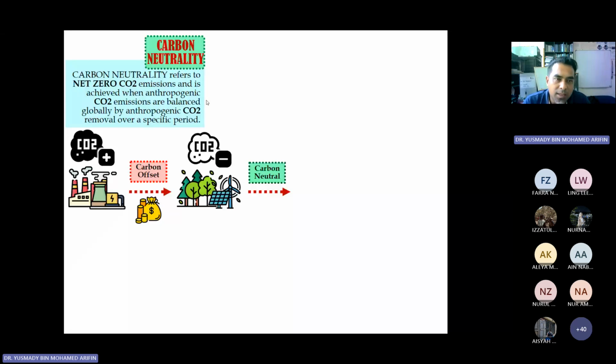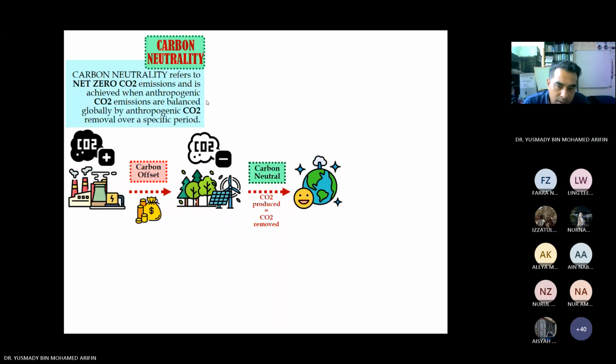So now dia akan jadi neutral, seolah-olah macam CO2 jadi zero. Okay, so CO2 produced will be equal to CO2 removed from the environment. So this process we call carbon neutrality. Carbon neutrality is more focused on CO2 emission and also CO2 capture.